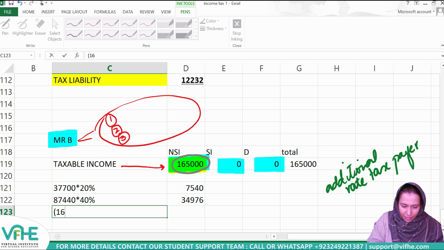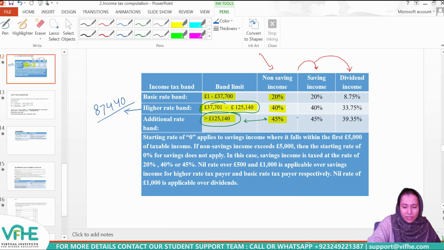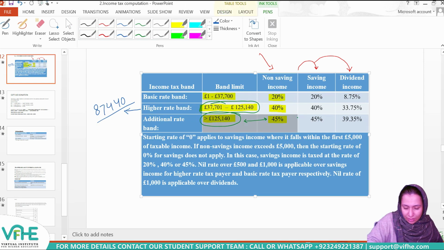So 165,000 less 125,140 pounds, as till 125,140 pounds, basic as well as high rate implication has been done. So I'm just going to apply an additional rate. And what is the additional rate for non-savings? Yes, it is 45%.